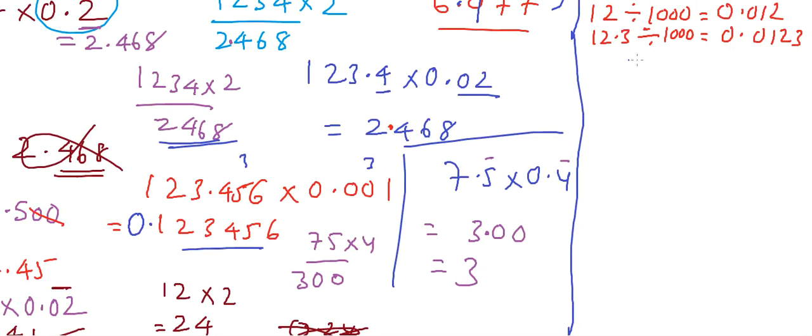Okay, for other numbers, let's say we need to divide 12 by 0.3. The first thing is we need to make the denominator a whole number. So that means we need to make 0.3 into 3, isn't it? When will it become 3? When you multiply by 10, because when you multiply 0.3 by 10, the point will shift to the right, so it will become 3.